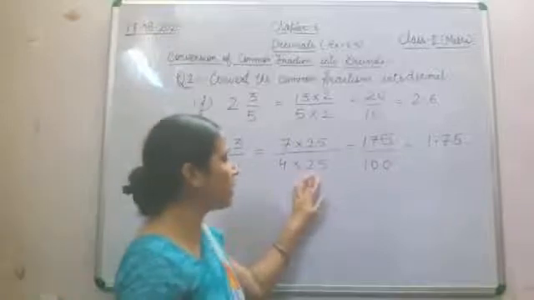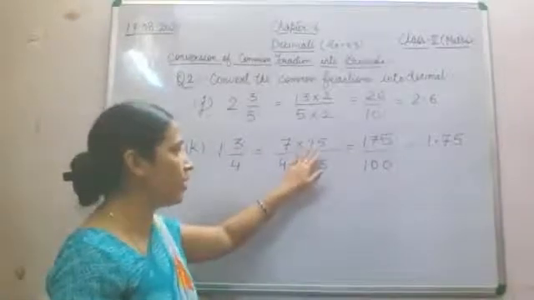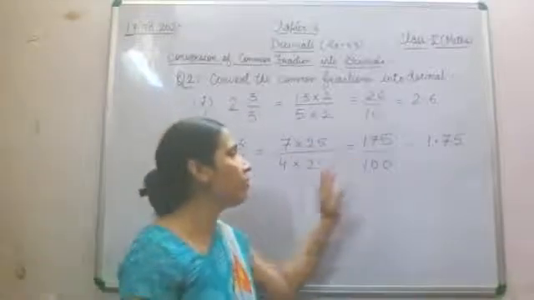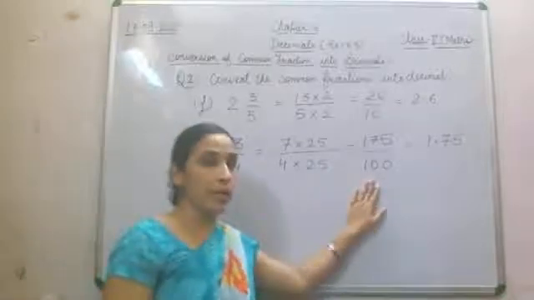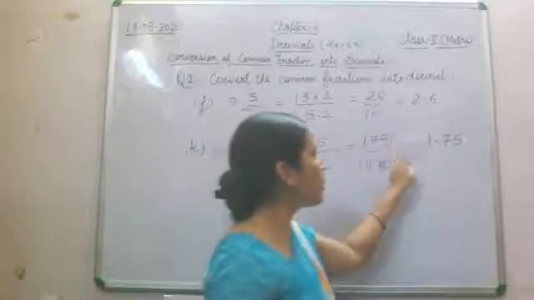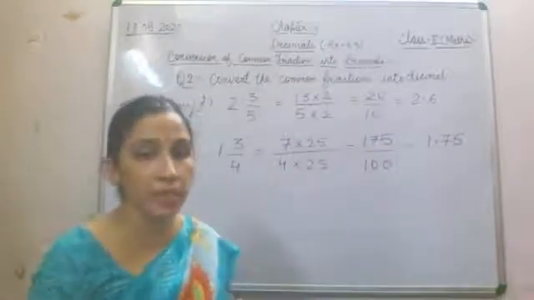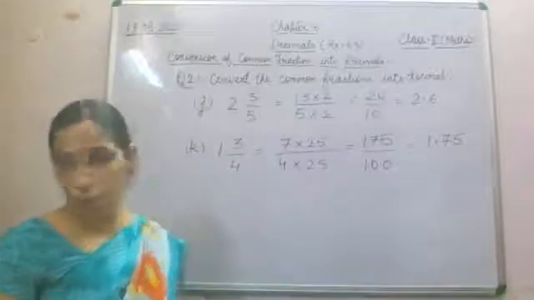So here we have multiplied by 25 in the denominator and 25 in the numerator. After doing the multiplication, we get 175 divided by 100. Then we require 2 decimal places. We count from the back 1, 2 and put the decimal point: 1.75. So with this we have completed our K part also.